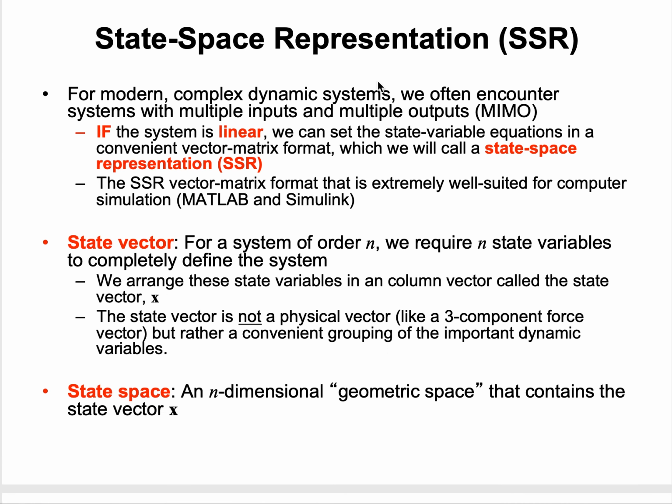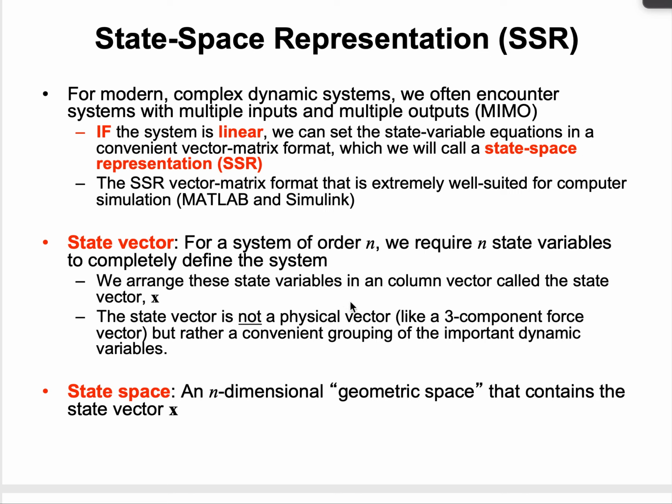In state space representation, the system that we represent must be linear. Okay, so it has the same approach. We define our state vector for the order of the system. In that case, the differential equation must be linear, remember.